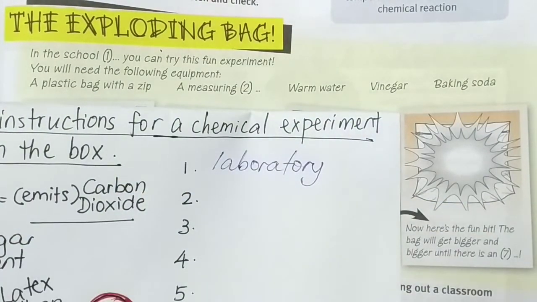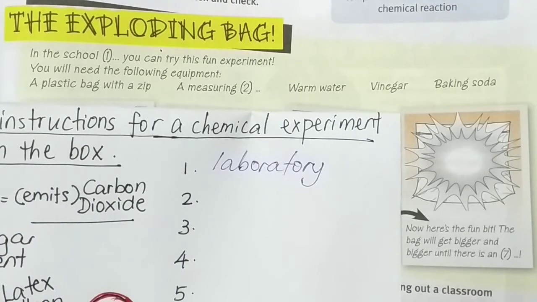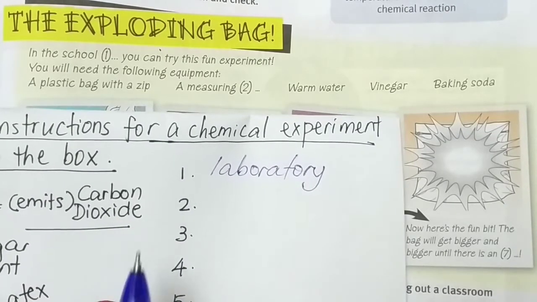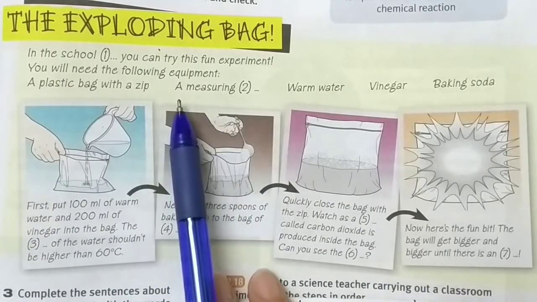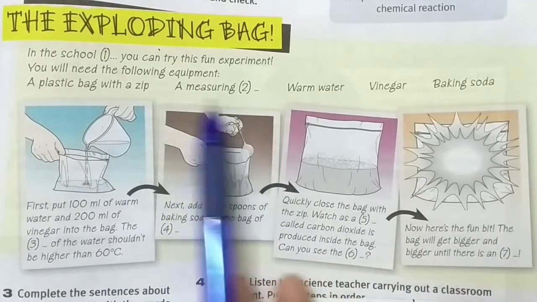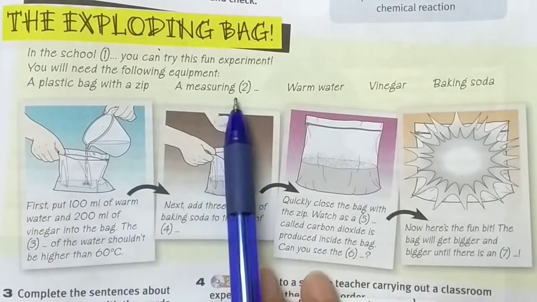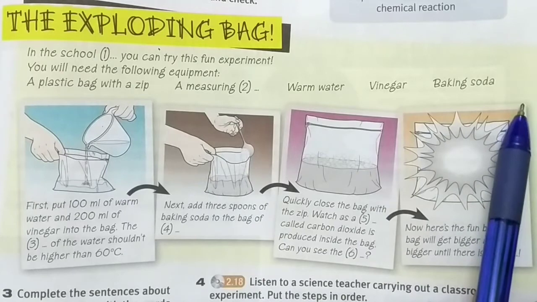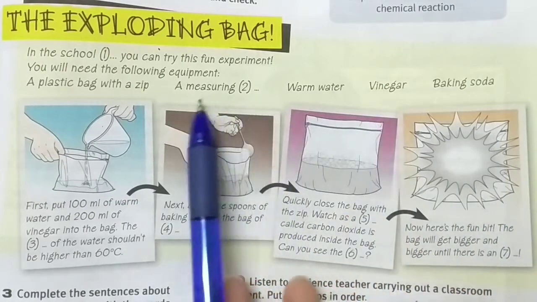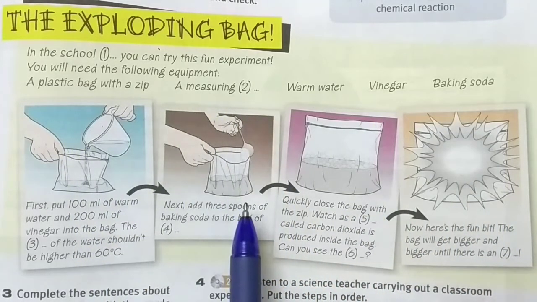Alright, let's take a look at question 2. You will need the following equipment. A plastic bag with a zip, a measuring jug, warm water, vinegar, baking soda. So there are 5 items that we need.